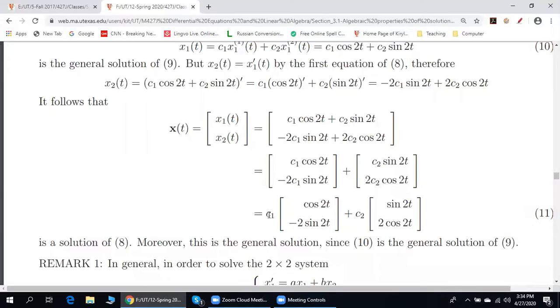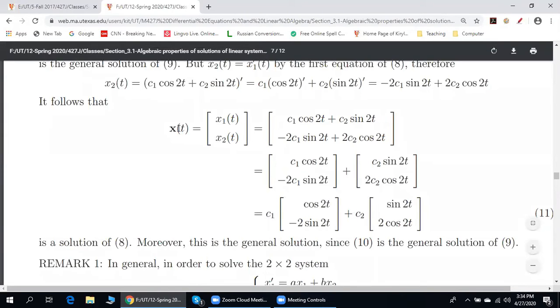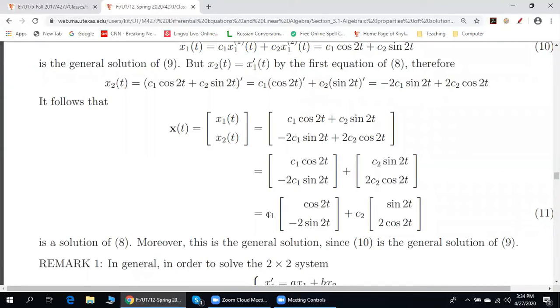Indeed, if you plug in some values for C1 and C2 to come up with a particular solution number 1, and then some other values for C1 and C2 to come up with a particular solution number 2, these solutions will never drift too far from each other because these functions are bounded.